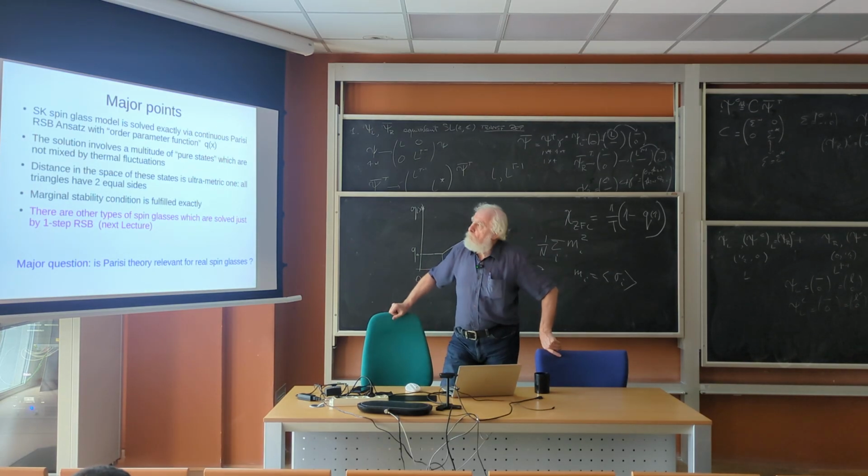So, major points of all this. First, that indeed there is a reasonable solution in terms of this continuous Parisi ansatz, which has no bad properties. Entropy is always positive and goes to 0 at T to 0.